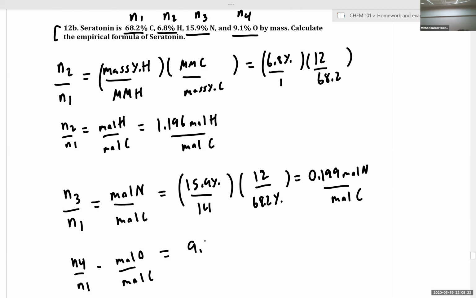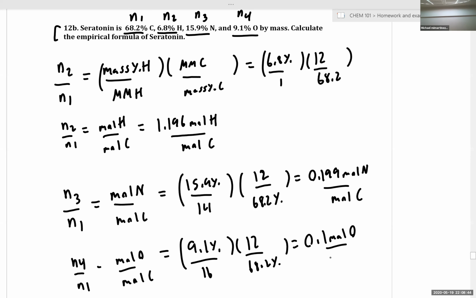So we plug in the mass percentage of oxygen over the molar mass of oxygen times the molar mass of carbon over the mass percentage of carbon. And that in turn gives us 0.1 moles of oxygen per mole of carbon.